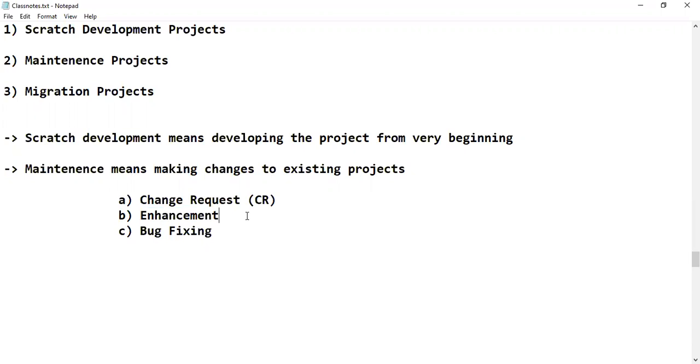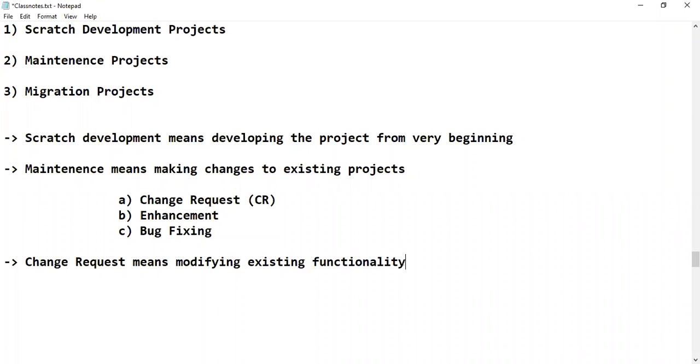Change request means modifying existing functionality. That is called a change request. We can call it a CR.